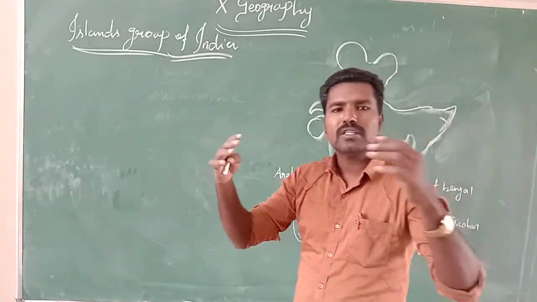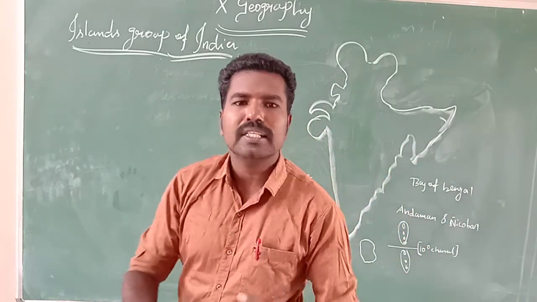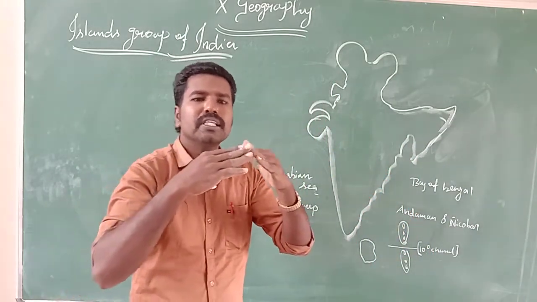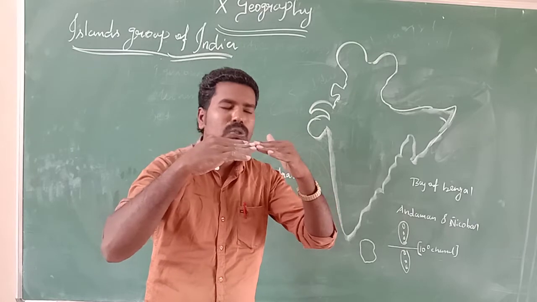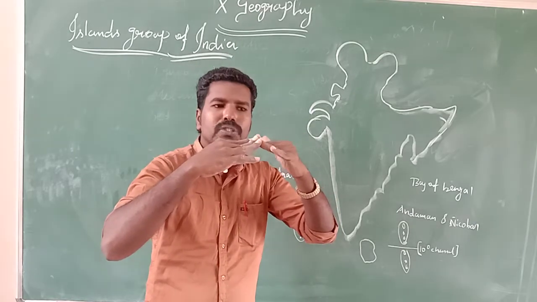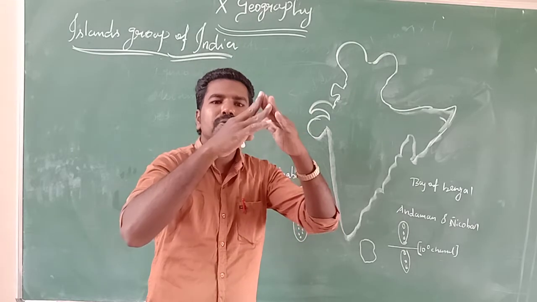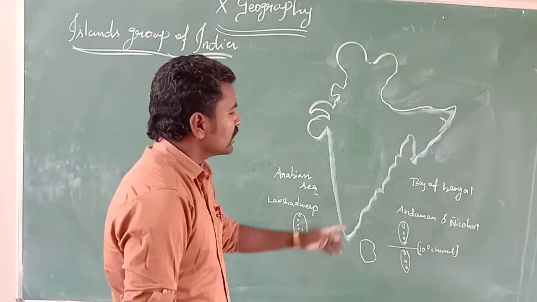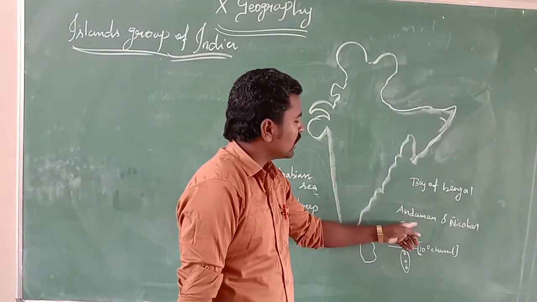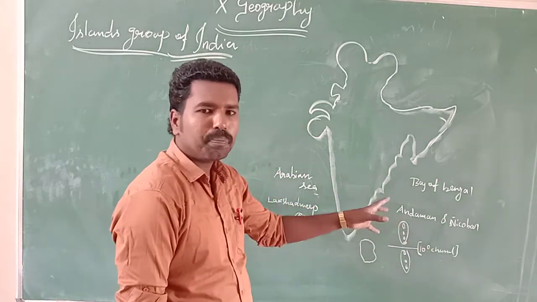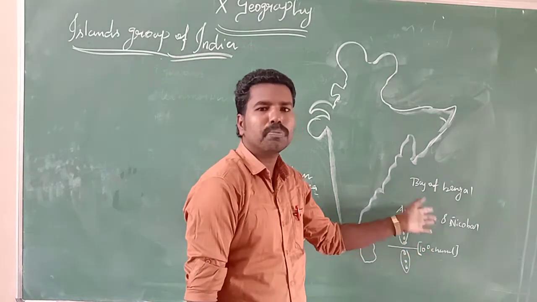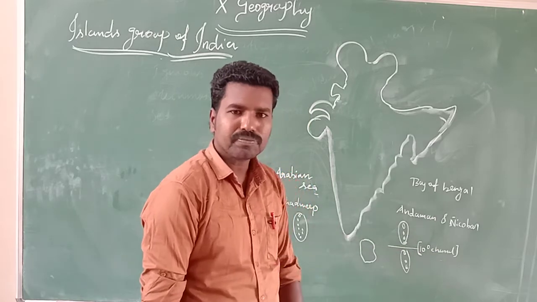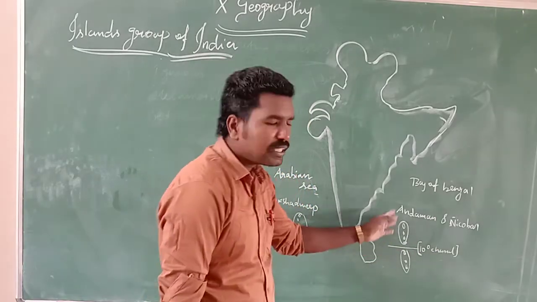When two plates collide with each other, they come closer and closer, collide, and produce mountains, plains and plateau regions. Here, all the Andaman Nicobar Islands are submarine mountains that were produced by tectonic activities, and also by volcanic activities.